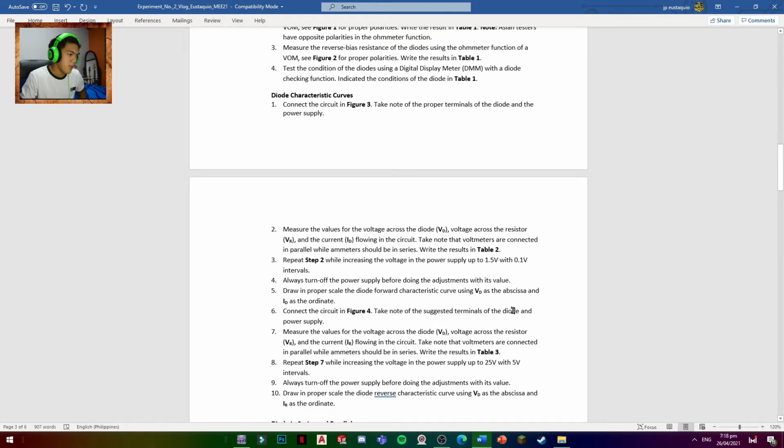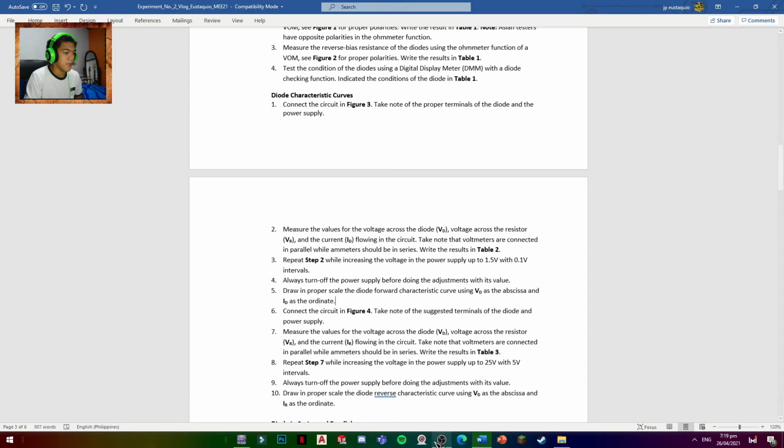Number 7. Measure the values for the voltage across the diode VD. It is the same as number 2, but in figure 4, it has an increasing voltage in the power supply up to 25 volts with 5 volt intervals.